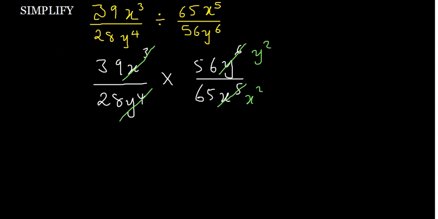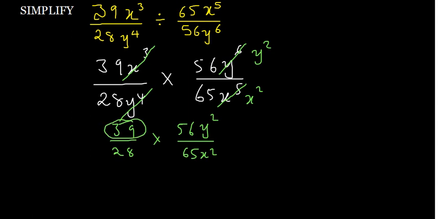So let me also write this as 39 over 28 times 56. Remember, we have got y squared which has remained over 65. We have got x squared which has remained, so that we can now work with it properly. Okay, since 2 can't go here and 2 can't go here, we know 3 also can't go into both of them, right?